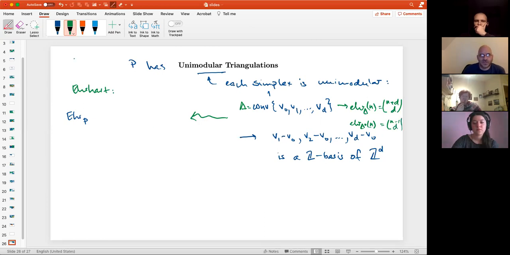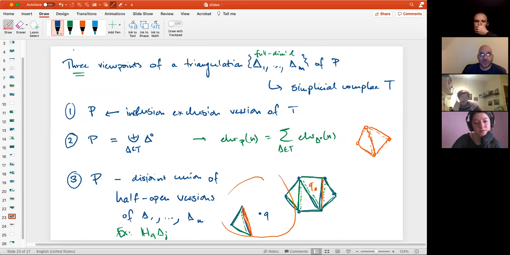And so this immediately implies, if I take triangulation number 2, if that's unimodular, a simplex now, right? To remind myself, triangulation number 2 is writing my polytope as a disjoint union of the relative interiors of all simplices in all dimensions.